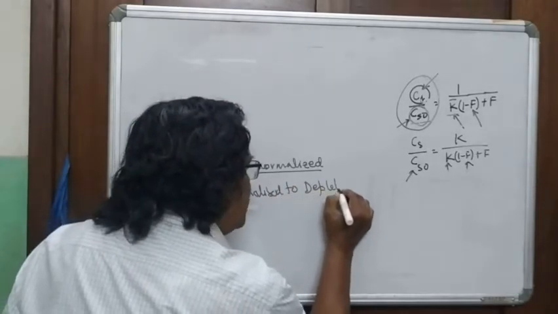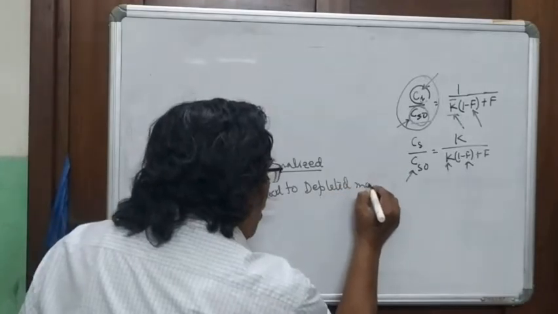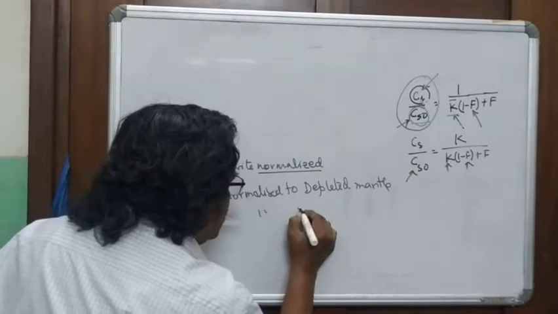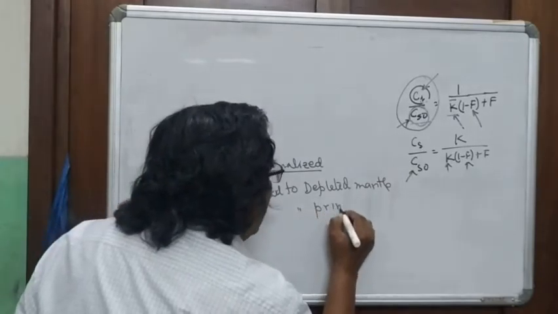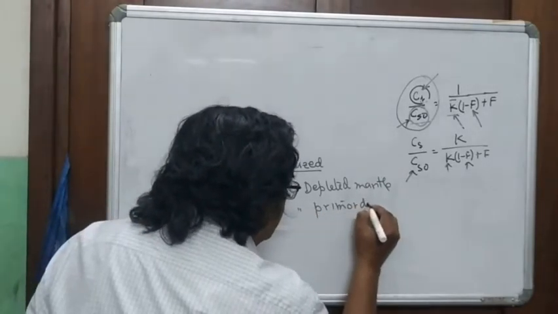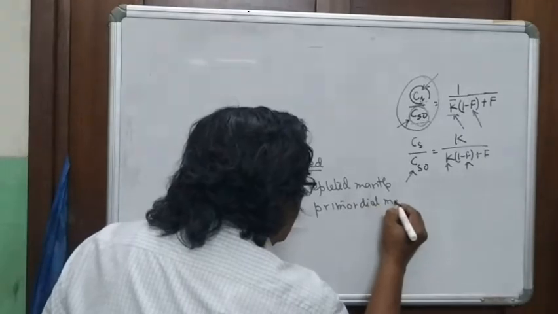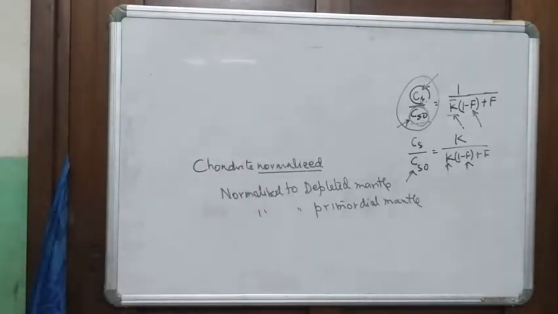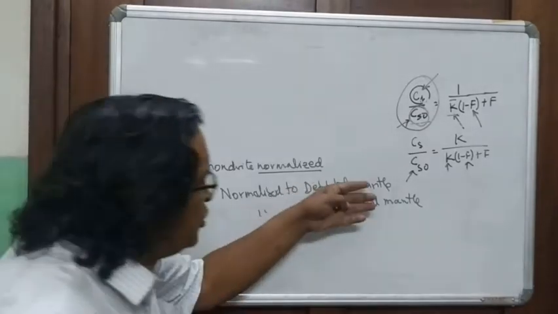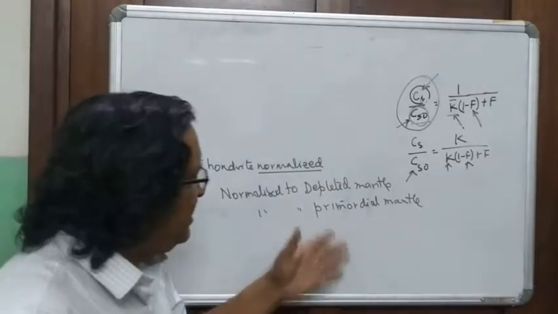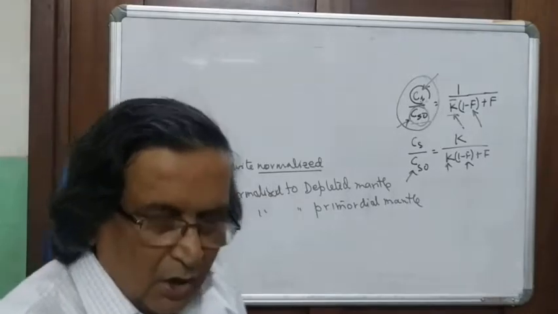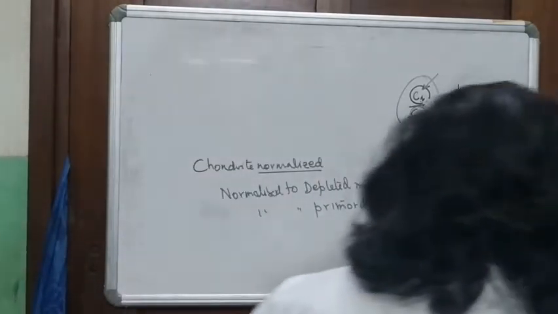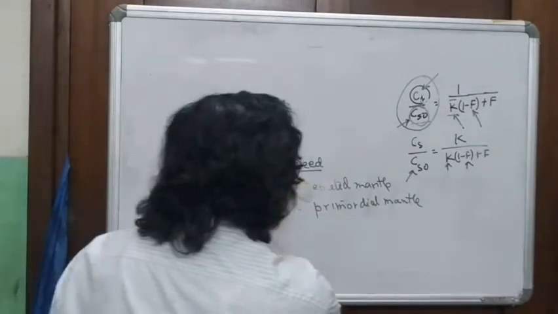These are terms which are very much used. Or normalized to primordial mantle. These are words that are quite common in geochemistry. Now, I don't want to go into depleted mantle and primordial mantle. These are all a little bit of speculation, but I would like to talk about chondrite normalized.